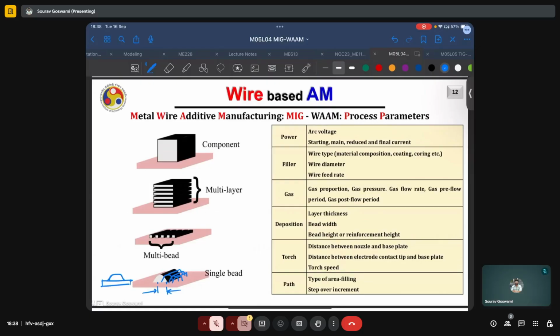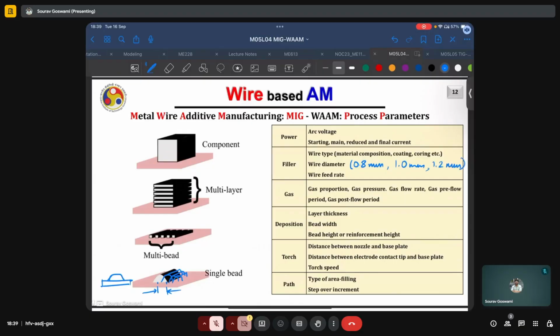At each of these stages, the most crucial process parameters which will be deciding the outcome of the print will be the power that you are feeding to the system based on the arc voltage, the starting, main, reduced, and final currents, the filler material, which will be the wire type based on the material composition, whether it has any contaminants, what is the percentage of impurities, whether it has any coating or coring, the diameter of the wire, which will typically be, say, 0.8 mm, 1 mm, or 1.2 mm.